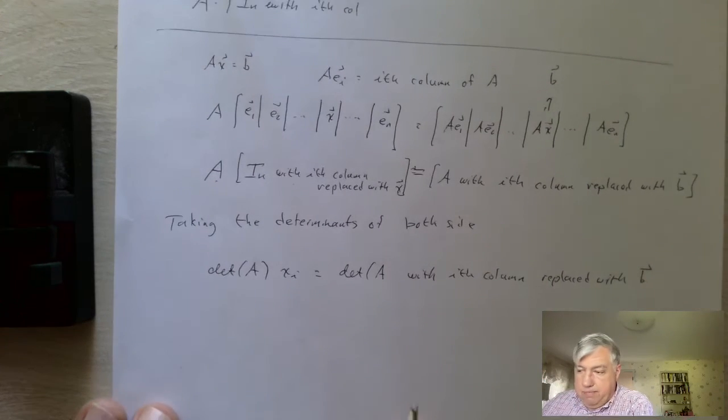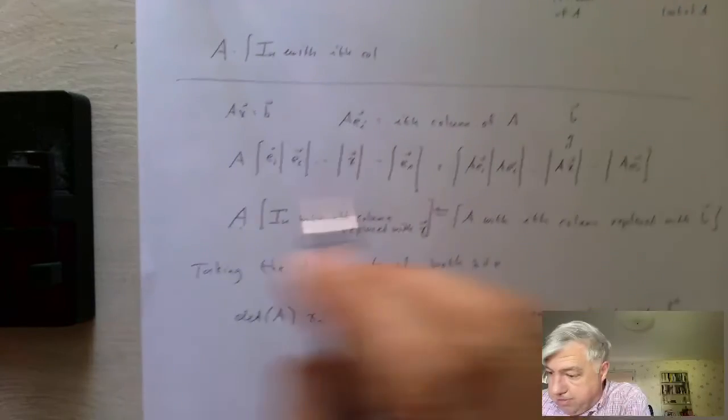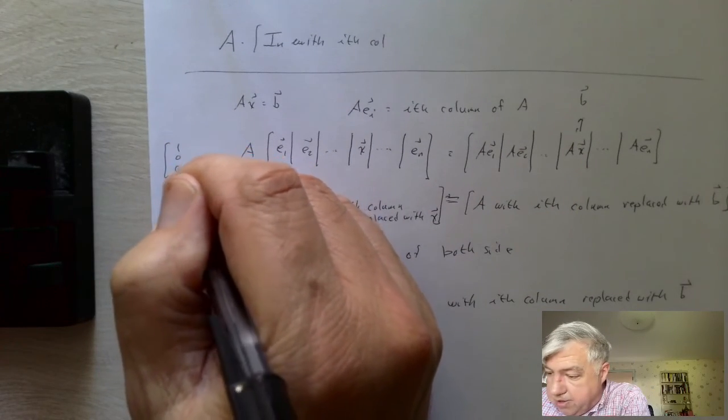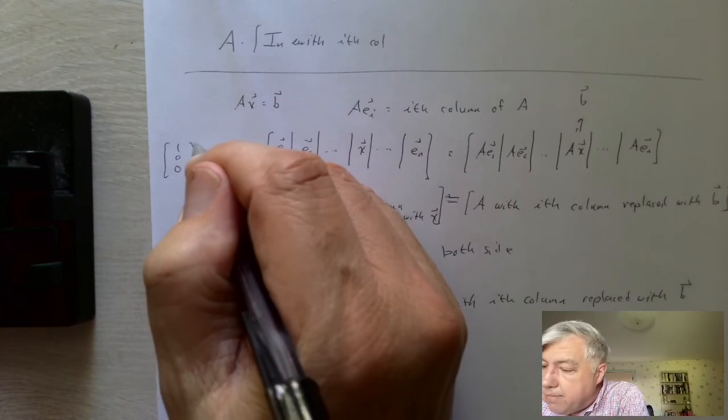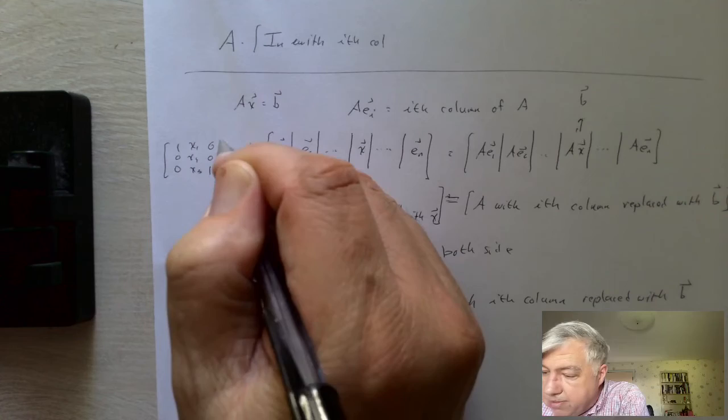Okay. Why is this true? Well, you can just do an example. Let's say you have 1, 0, 0, x1, x2, x3, and 0, 0, 1.